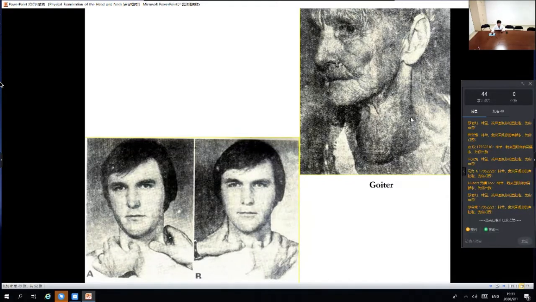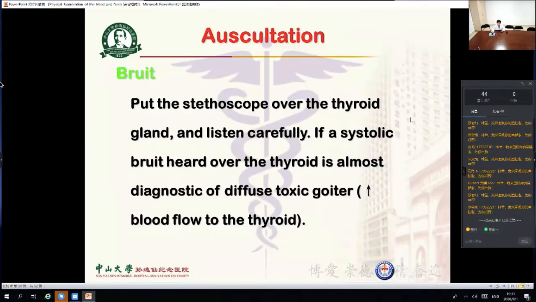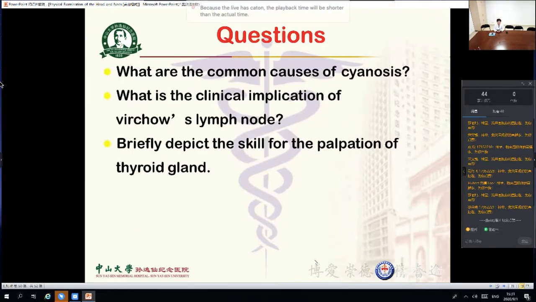If any systolic murmur is heard, that means increased blood flow to the thyroid gland, and the patient may suffer from hyperthyroidism with a diffuse toxic goiter. 弥漫性的甲状腺肿, what we call Graves' disease, is an autoimmune disease. Okay, this is the auscultation.